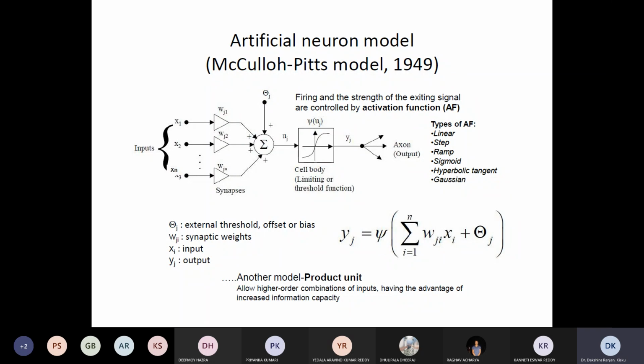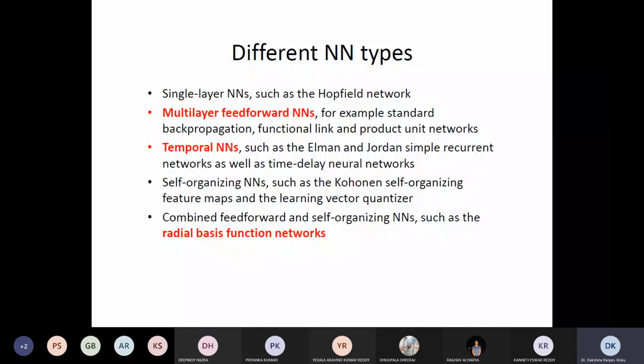So the activation function may be anything. It may be linear, step, ramp, sigmoid, hyperbolic tangent, or Gaussian activation function. Now, what are the different types of neural networks that we can see in different applications?